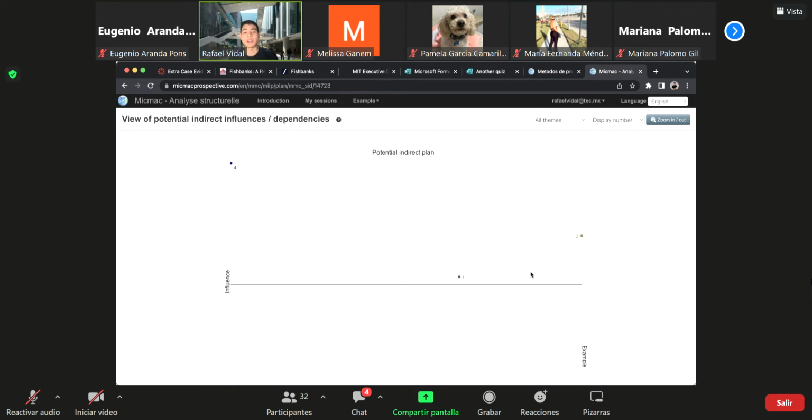Another motor variable or macro variable could also be the government. For instance, the government takes a lot of decisions that might influence a lot of variables. It might influence my customers. It might influence my type of fishing. It might also influence my locations. So for the Peters-Schwarz axes, you have to think of 2 different motor variables.